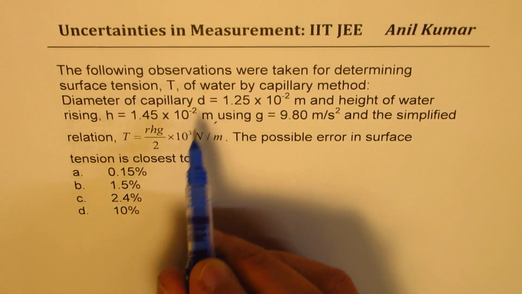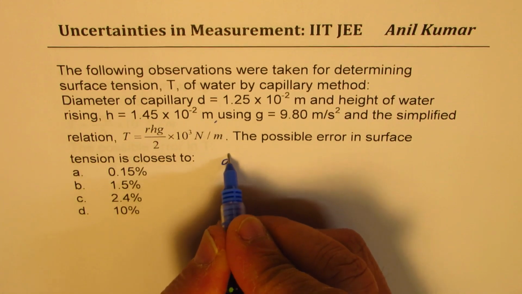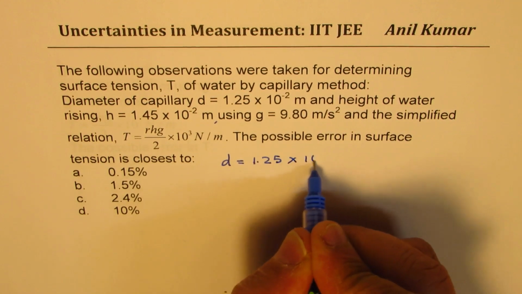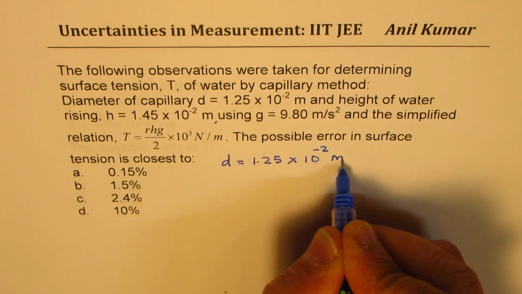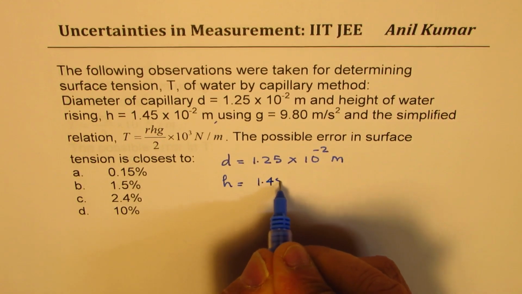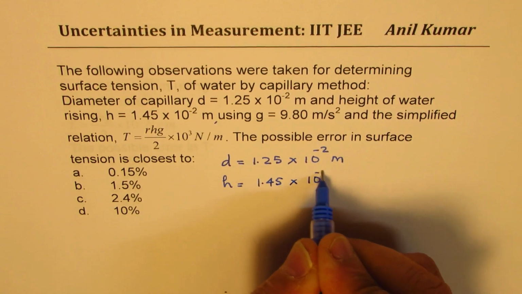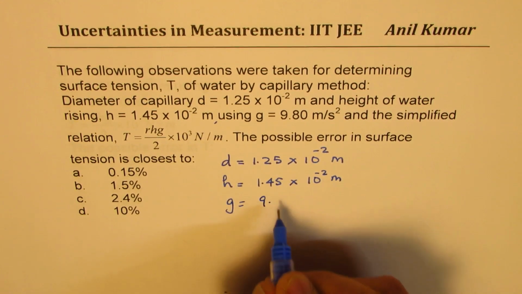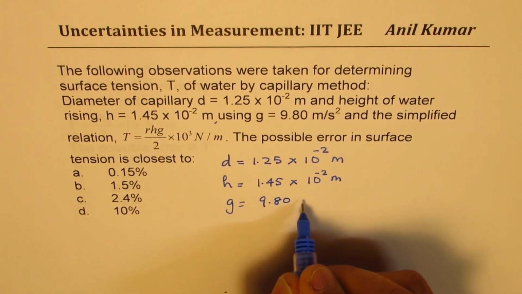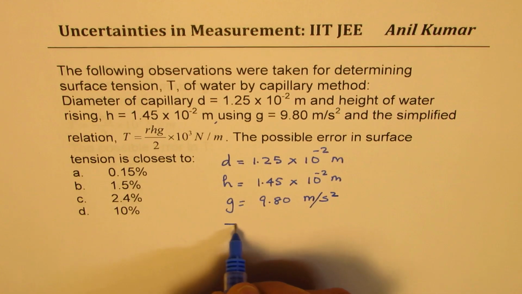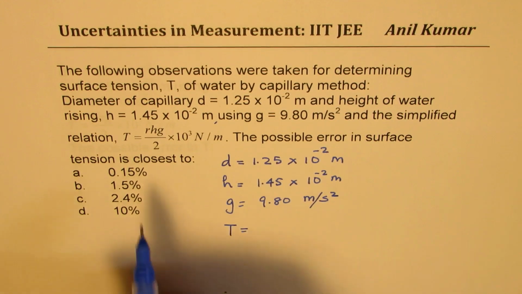Now here we are given a couple of things. We are given the diameter D, which is 1.25 times 10 to the power of minus 2 meters. We are given height as 1.45 times 10 to the power of minus 2 meters. The force due to gravity is 9.8 meters per second squared, and the formula itself is T equals r h g over 2 times 10 to the power of 3.